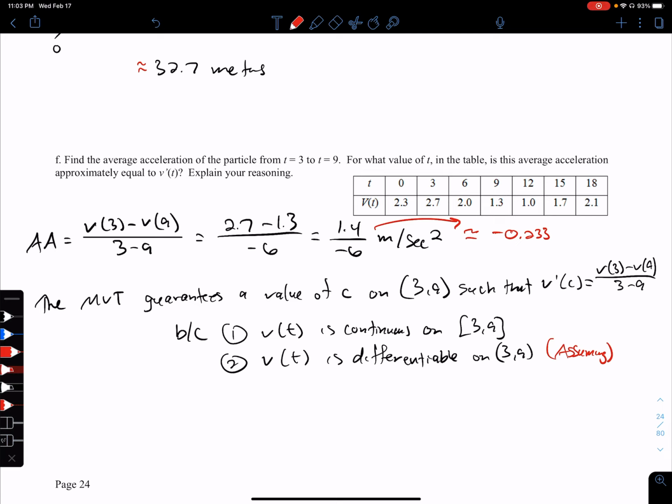It says at what value is the average acceleration approximately equal? Well, this is negative. None of these velocities are negative. Oh, I'm sorry. That's because we're not talking about velocity, we're talking about the acceleration. So if you look here, when is this about negative 0.233?